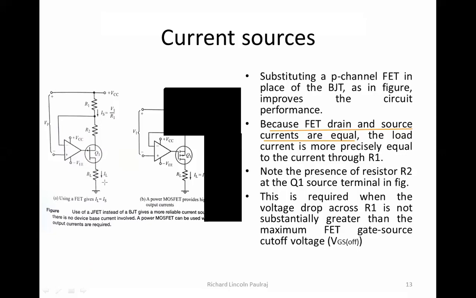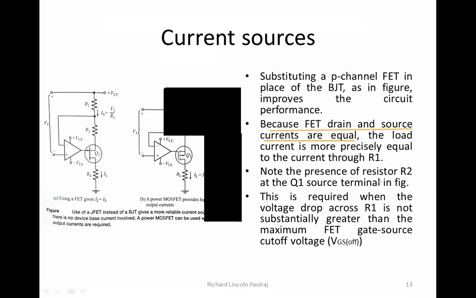If you can recall, it depended on IE and IC when we had the BJT. But here, when we have an FET, it is very clear that these currents are going to be equal. There's not going to be any change between them. So the load current is precisely equal to the current through R1, which means IL is equal to I1.